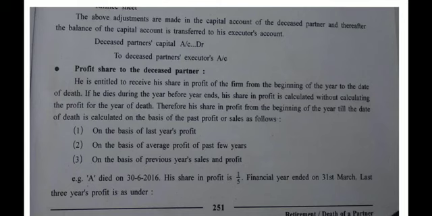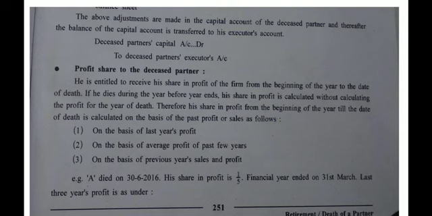The next topic says profit share to the deceased partner. He is entitled to receive his share in profit of the firm from the beginning of the year to the date of death. We have understood this.